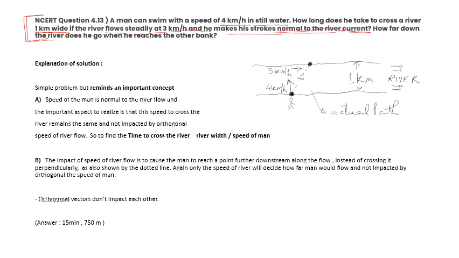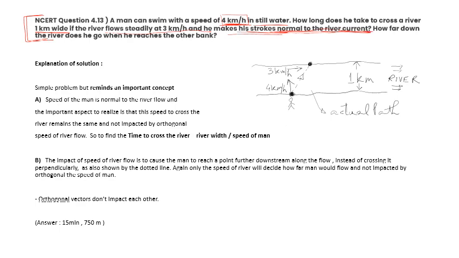This is important. So let's analyze the question and draw a diagram. It's always good to draw a very clear diagram. It avoids making silly mistakes. So the man's speed is 4 kilometers per hour. The other important fact is he makes his strokes normal to the river current.